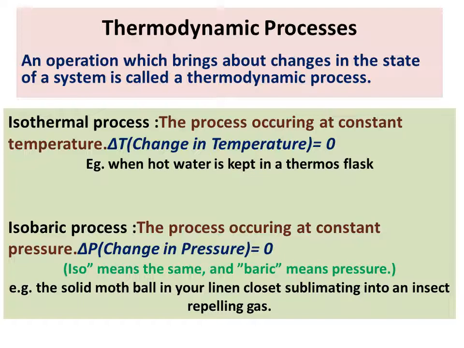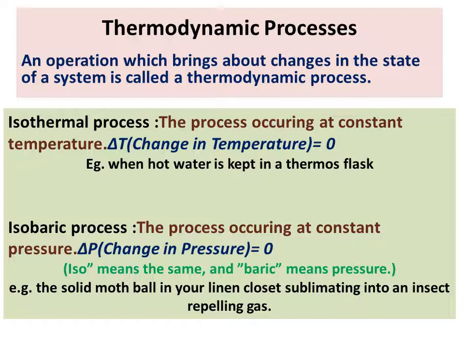isothermal process. For example, you have kept hot water in a thermos flask. So what is going on? There is no change of temperature. Why? Because the thermos flask puts a barrier to the hot water kept in the flask from its surrounding.